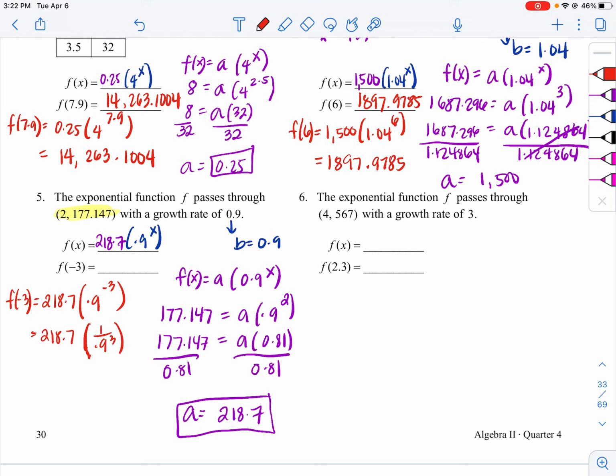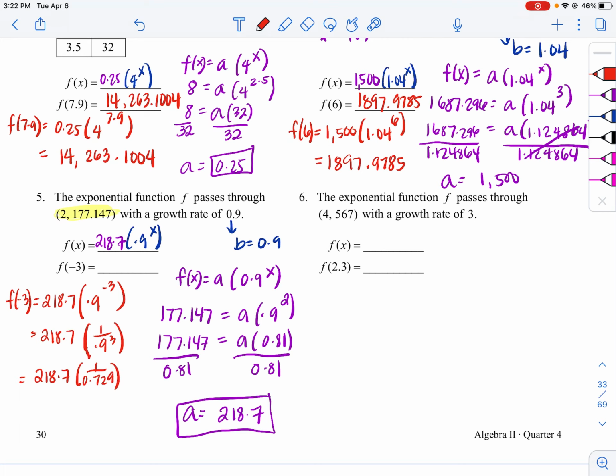There you go. So that's 1 over 0.9 to the power of 3. Let's put all the answers in. So 1 divided by 0.9 to the power of 3 is 0.729.